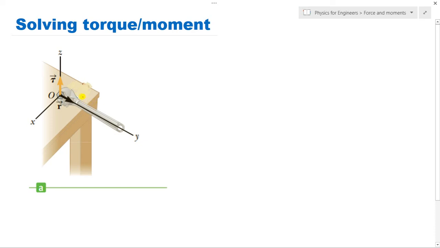So again, say this is our figure A, and then let's try to solve this. Let's say you want to loosen this nut. Imo siya i-loosen, so therefore, imo na siya i-turn counterclockwise.